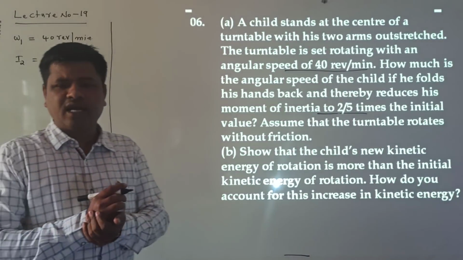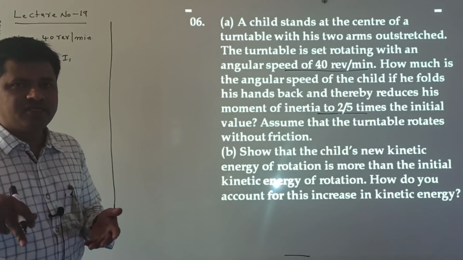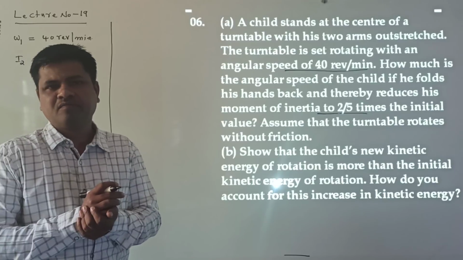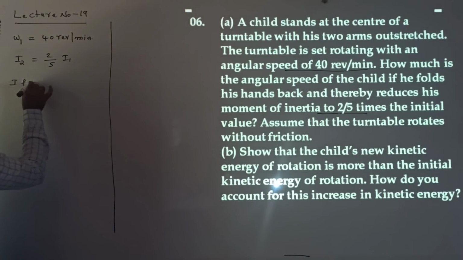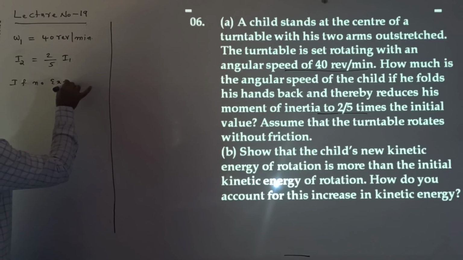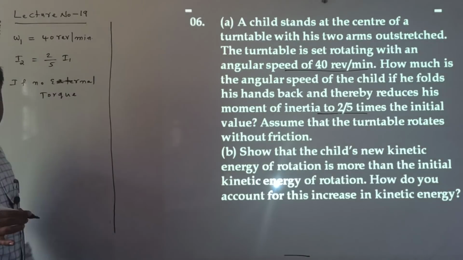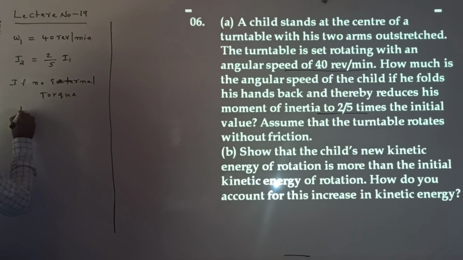Here torque is not acting. When the child is just rotating on the turntable, there is no external torque acting on the child. When external torque is not acting, angular momentum is constant.